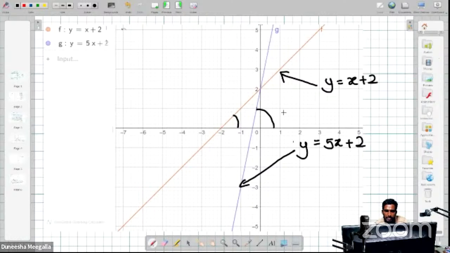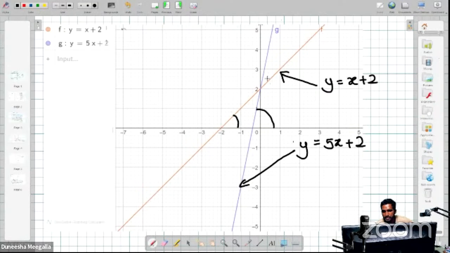Okay. So from this we can identify and justify that if there is a bigger gradient, its slope is high. What happens to the slope when the gradient increases? It is increasing.